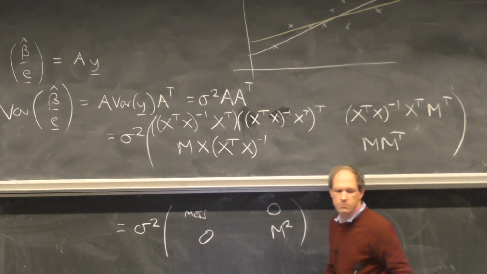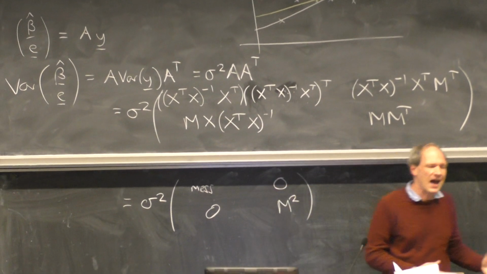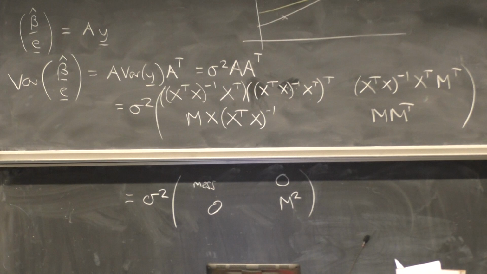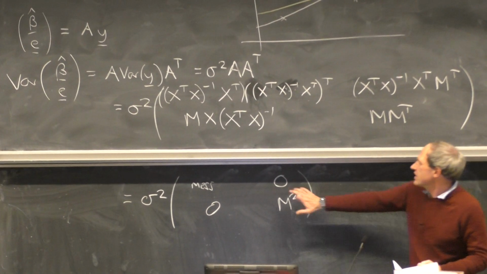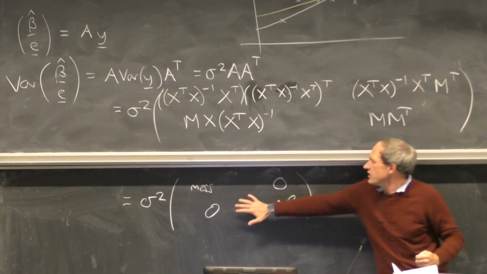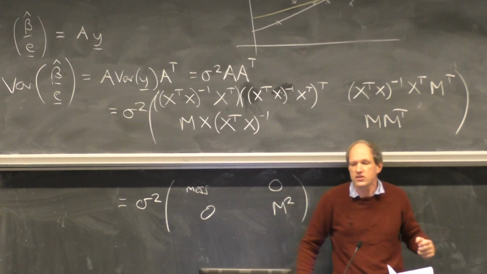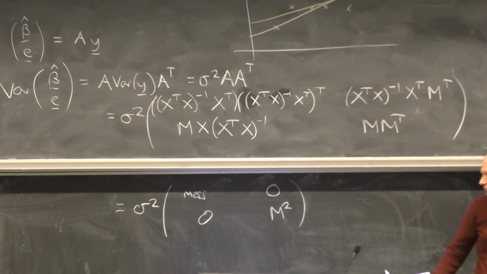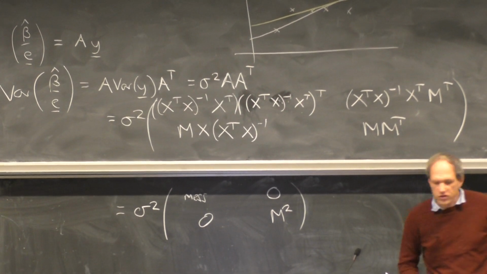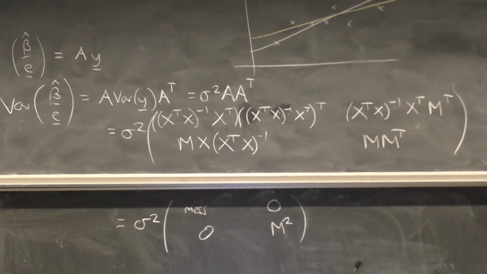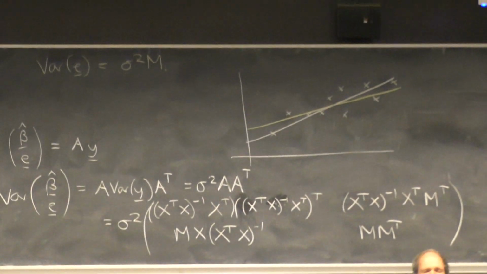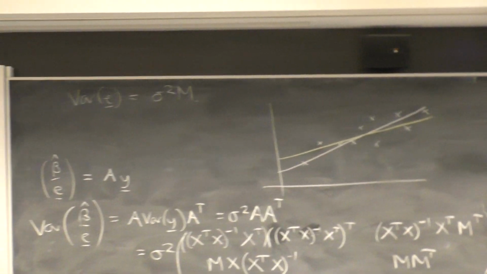So the covariance matrix of this beta hat, E is something which has zeros in these areas. Remember, these are actually big matrices, so these are big arrays of zeros. That tells us that the covariance between the beta hat terms and the E terms, those covariances are all 0.